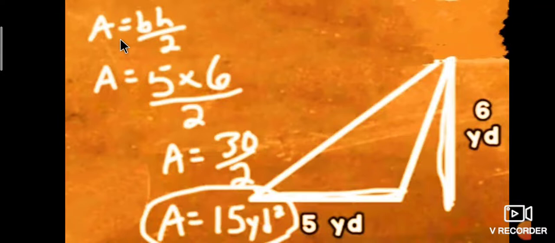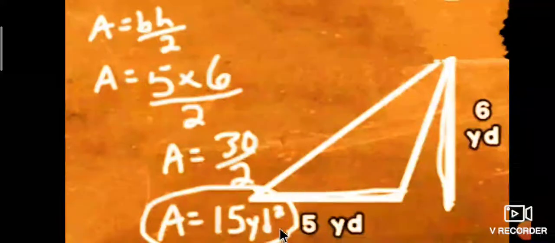Using this formula, area is equal to 5 into 6 divided by 2. 5 into 6 is 30. When we divide 30 by 2, we get 15. Therefore, area of this triangle is 15 yard squares.